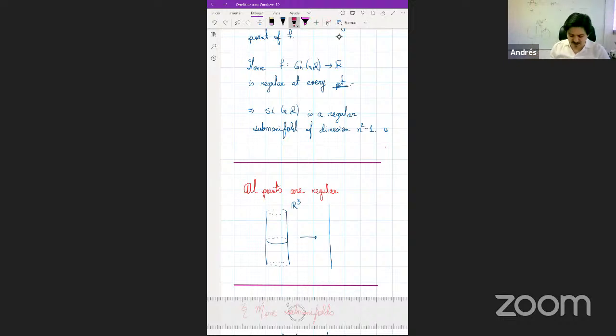The pre-image of every point is a circle. And that's more or less what we have with GL(n). The pre-image of any point in the image will give you a smooth manifold. Okay?